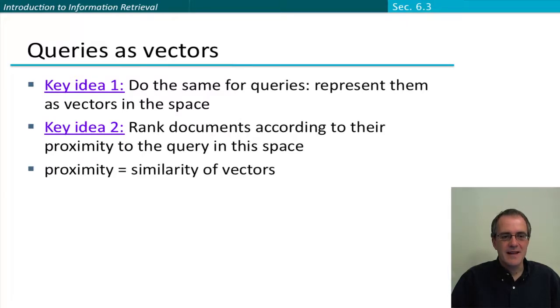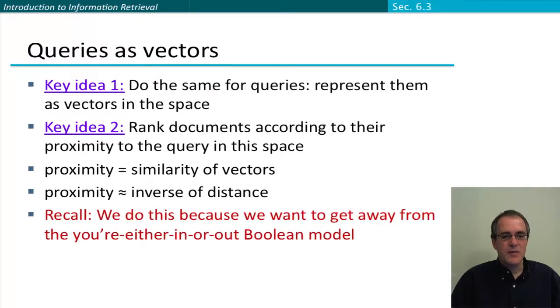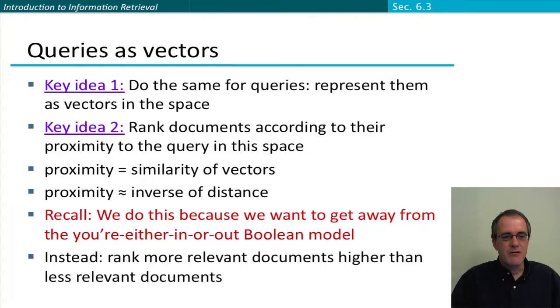So proximity corresponds to similarity of vectors, and therefore it's roughly the reverse of distance. And we're doing this because we want to get away from the you're either in or out Boolean model and have a relative score as to how well a document matches a query. We're going to rank more relevant documents higher than less relevant documents. Let's try and make that all a bit more precise.